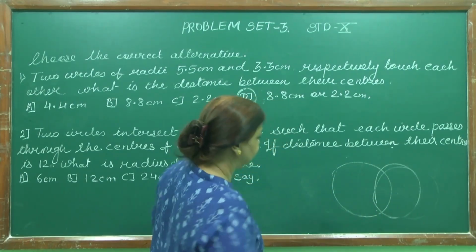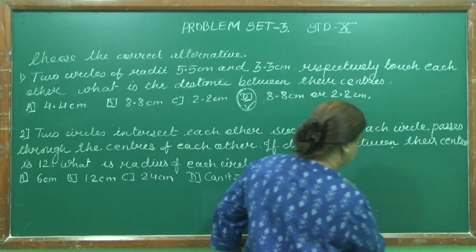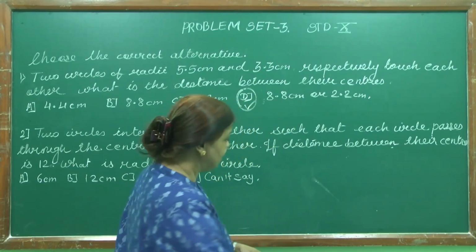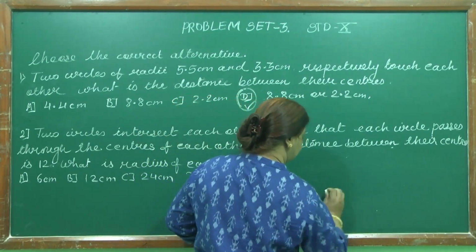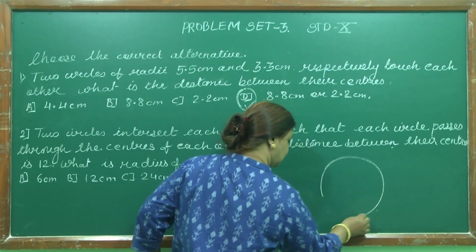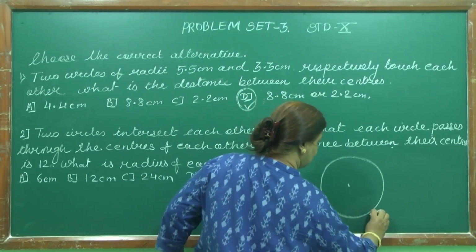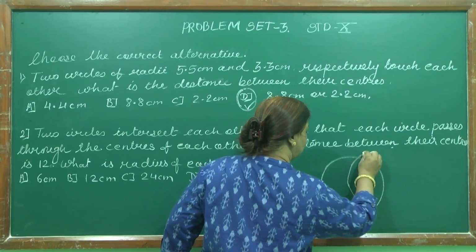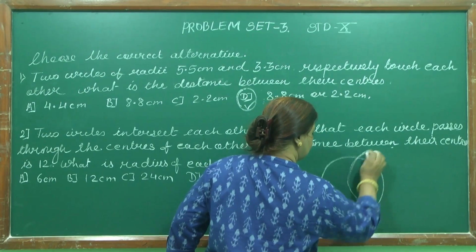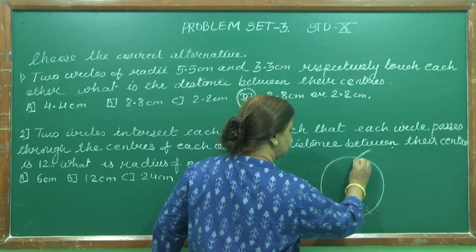So let me draw the figure. This is my circle 1 and this is the center, and this is my circle 2. Let me draw the center afterward.